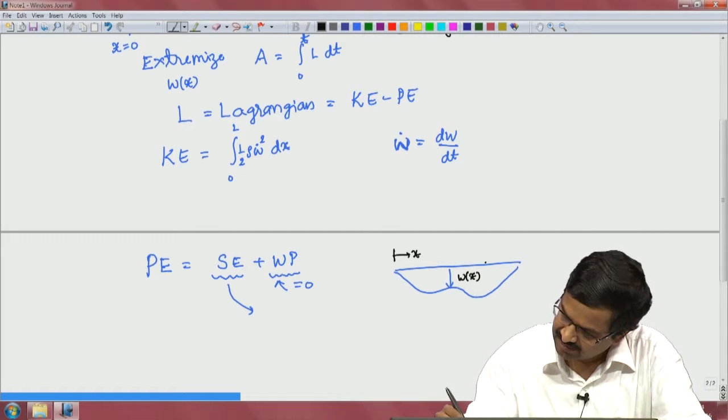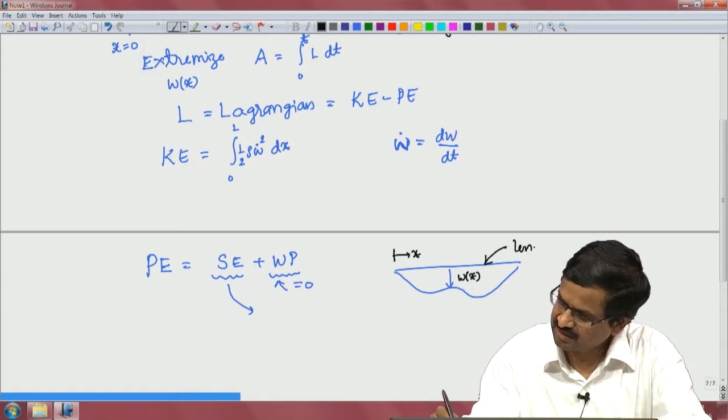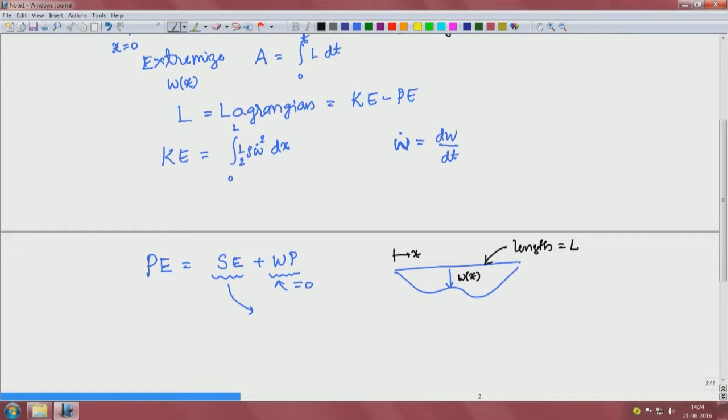We know the length before stretching is equal to L. What is the length of this curve? This is the changed length. The difference of these two times T will be the strain energy or internal energy stored in the string.